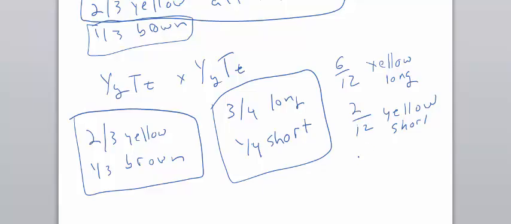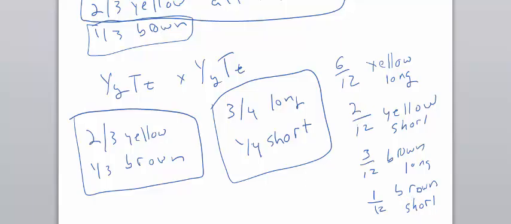And then 1/3 brown times 3/4 long is 3/12 brown and long. And then we'll get 1/12 brown and short.